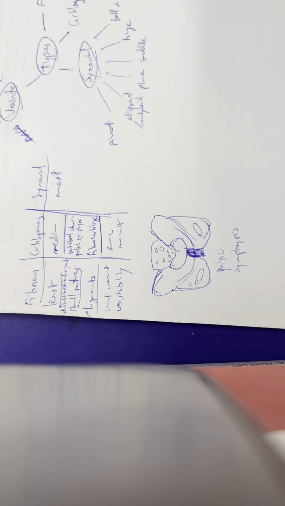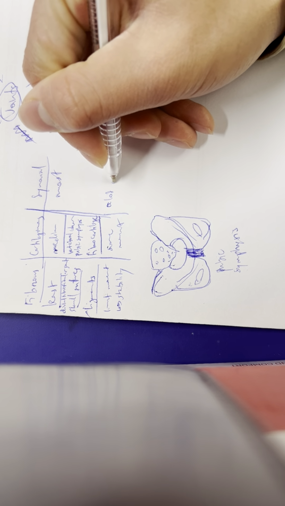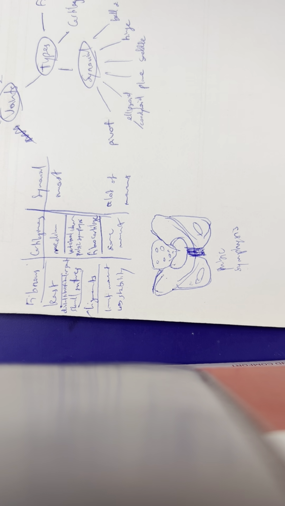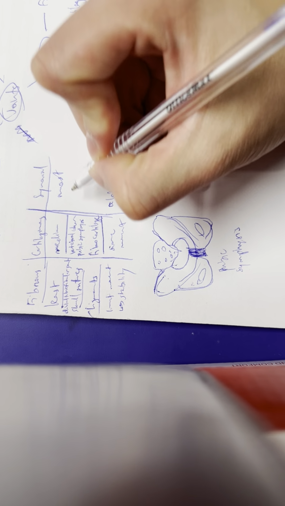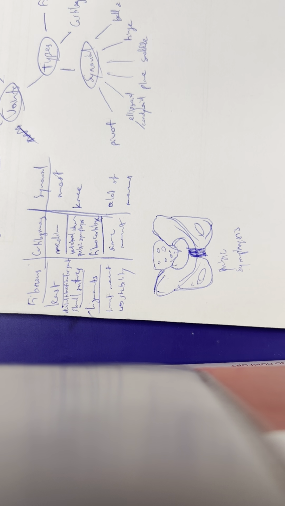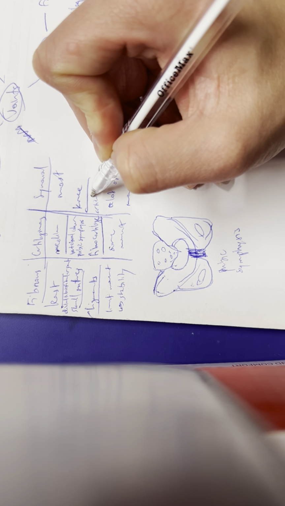Synovial joints have the most movement. It's the most loose, I'd say. An example would be your knee, right? The composition is articular cartilage.